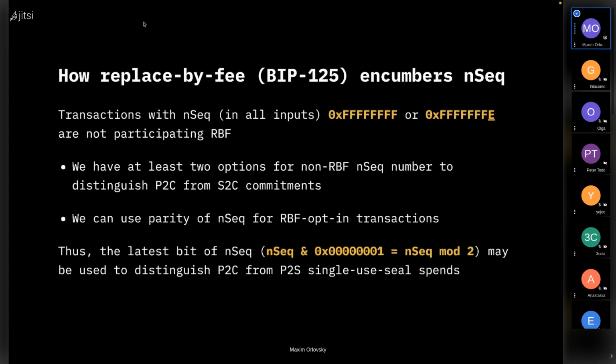That's interesting, because I was really happy that we have two options for RBF opt-out transactions. And basically for RBF opt-out transactions, we can use a bit of signaling by just using the last bit. But from what you're saying, it follows that it may conflict with the nLockTime signaling. Yeah, let me think.